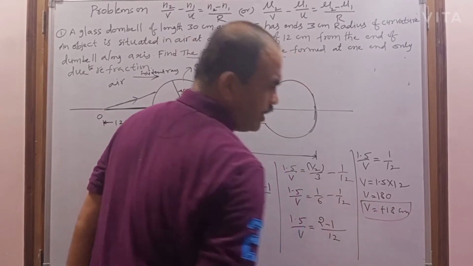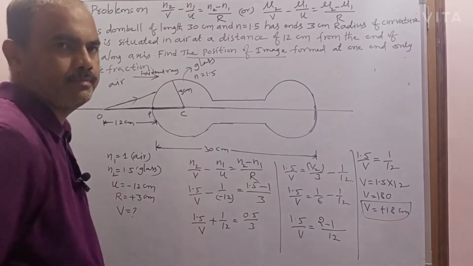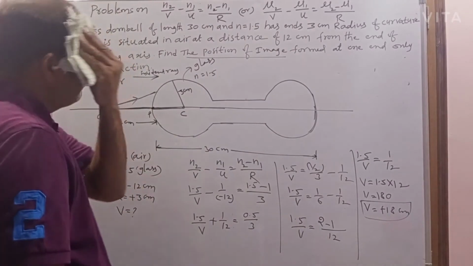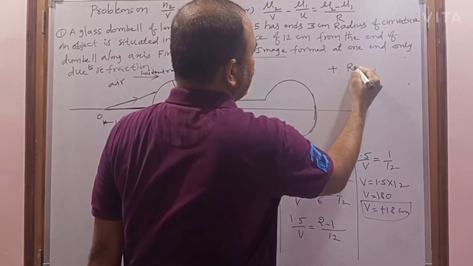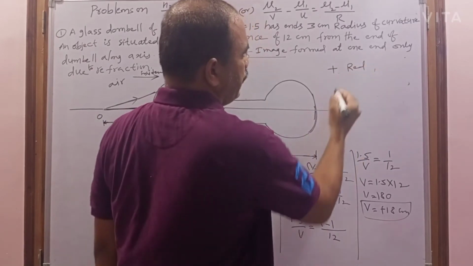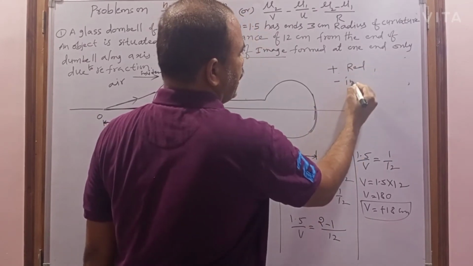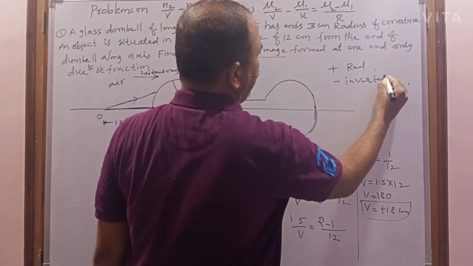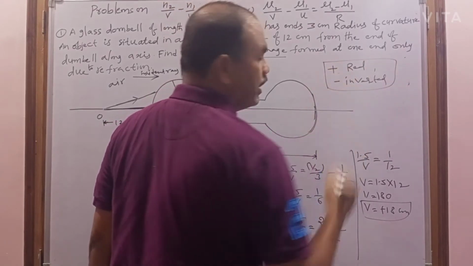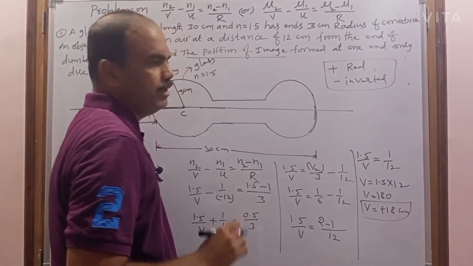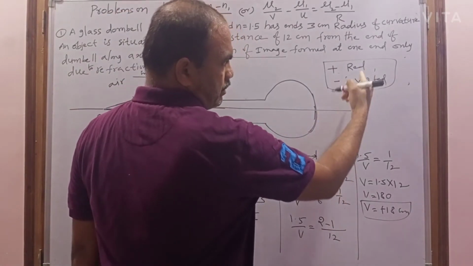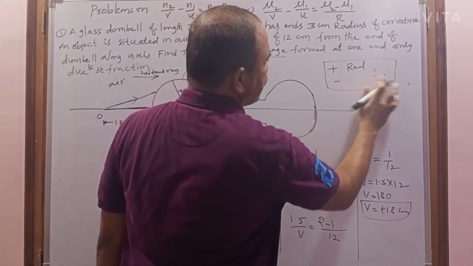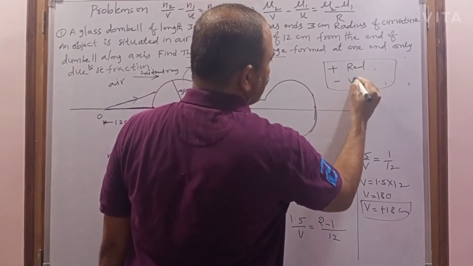So plus 18 means it is the real image. So remember, if we get a plus value, that is real, and if you get a minus, that is virtual.